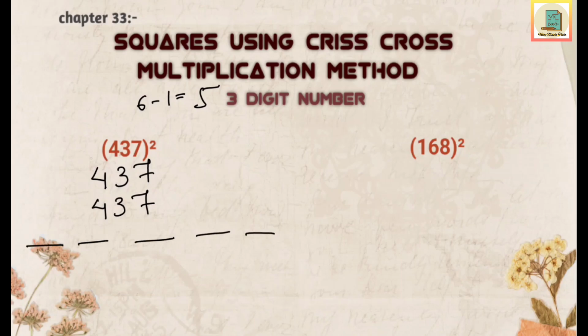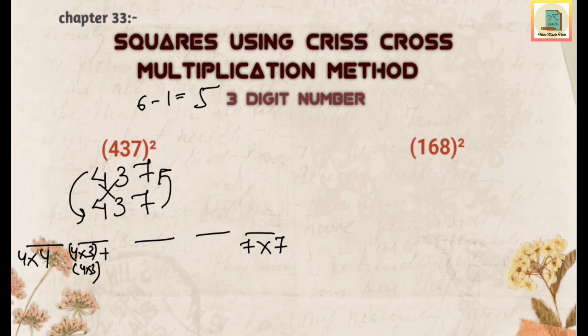Now in the first partition, multiply the first 2 digits, that is 4 multiplied by 4. In the last partition, multiply the last 2 digits, that is 7 multiplied by 7. Now in the second partition, we will multiply these 2 digits diagonally and add them, that is 4 multiplied by 3 plus 4 multiplied by 3.